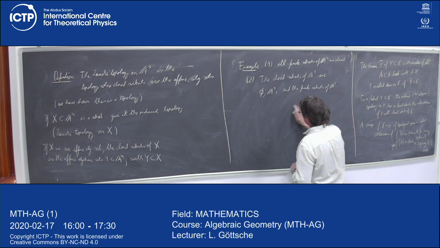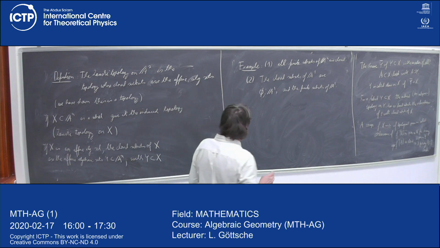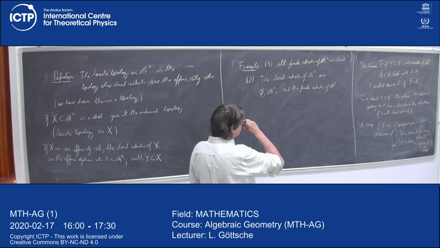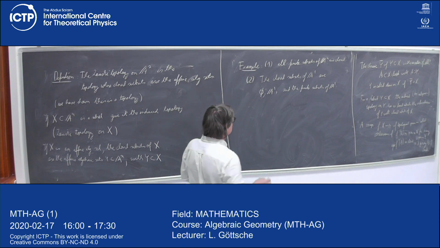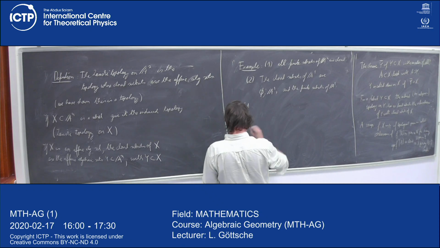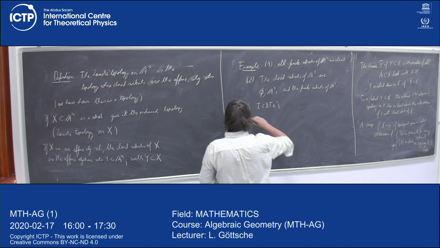So there are no others. And why is that? If I have a closed subset, it's a zero set of some ideal I in K[x].